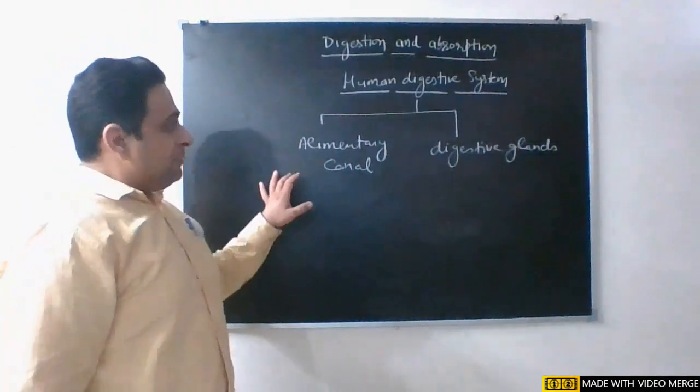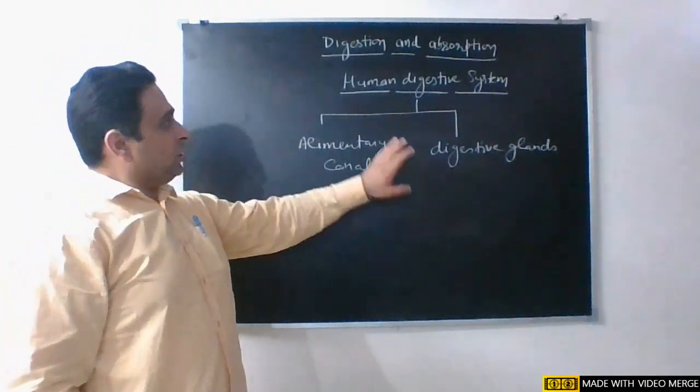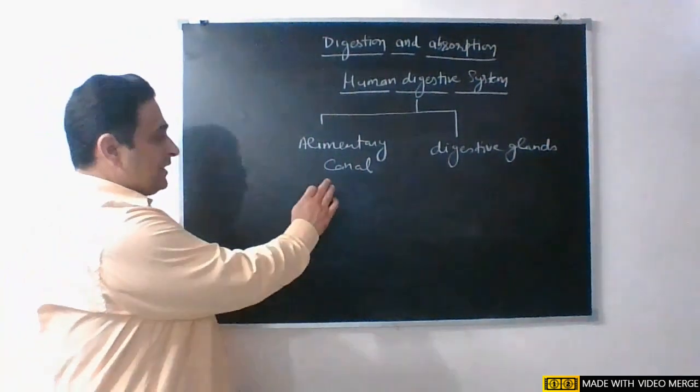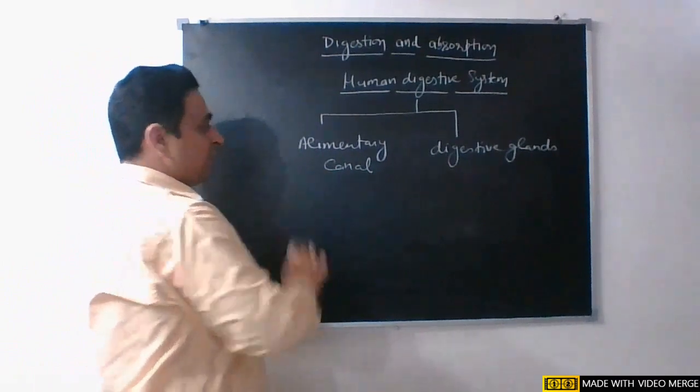So by combining the alimentary canal and digestive glands, the human digestive system is formed. Now we will discuss both one by one.